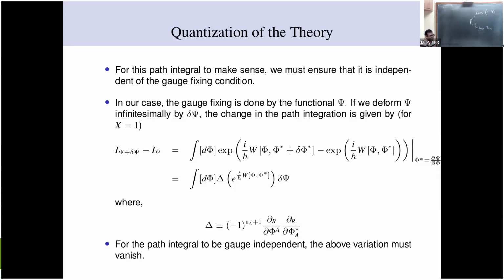So this is the condition you get. For this quantity to be gauge independent, this quantity must vanish. We are still not satisfied about what W is, but now we are going to find out. W will be given in terms of our S, with some modification.